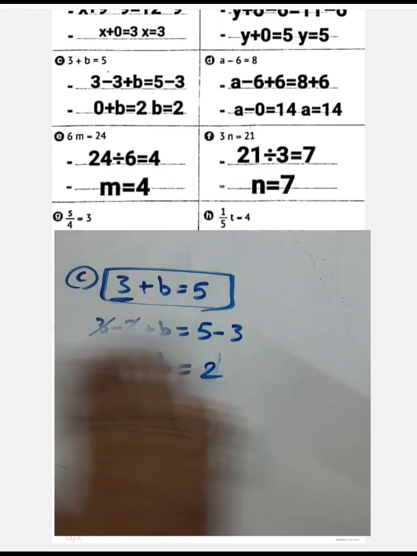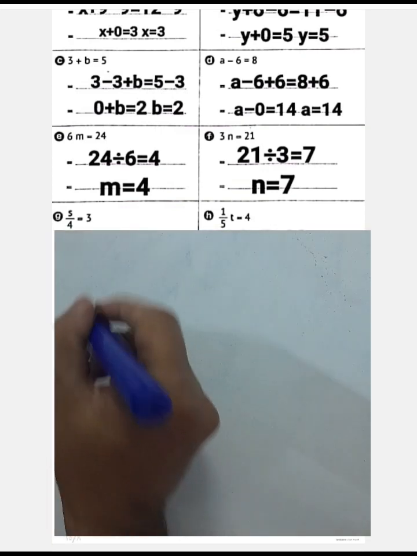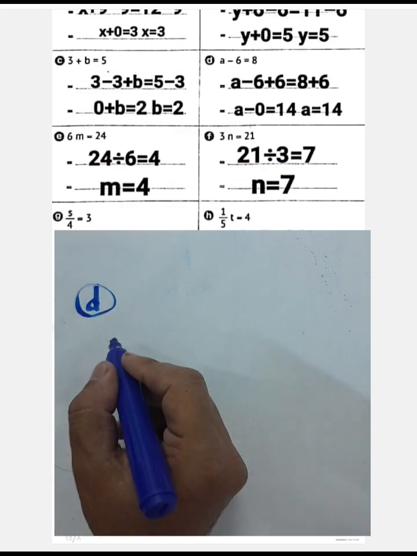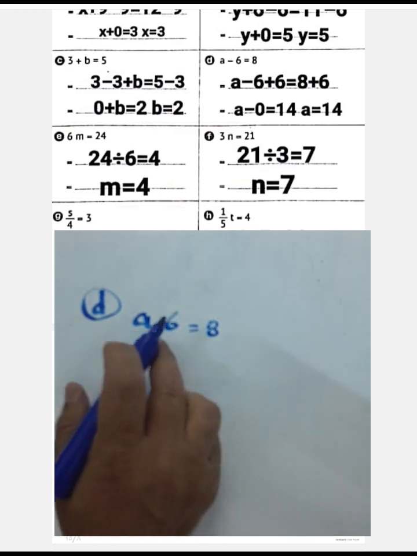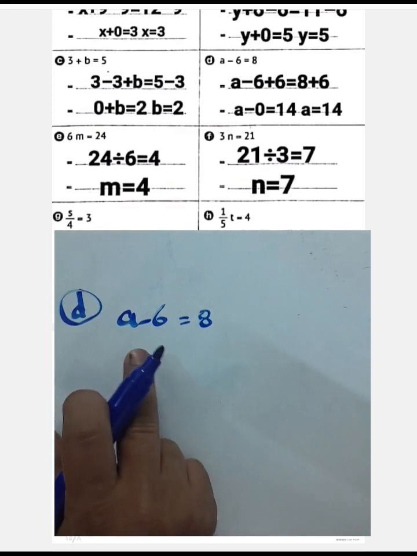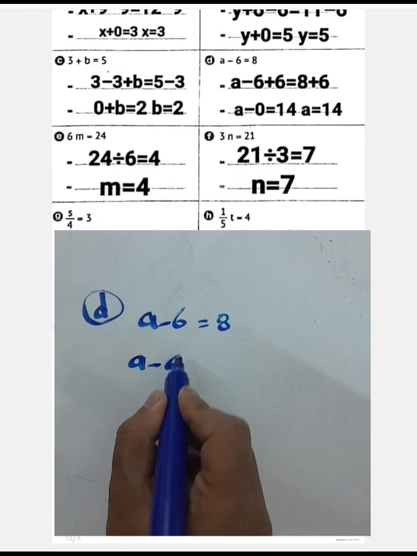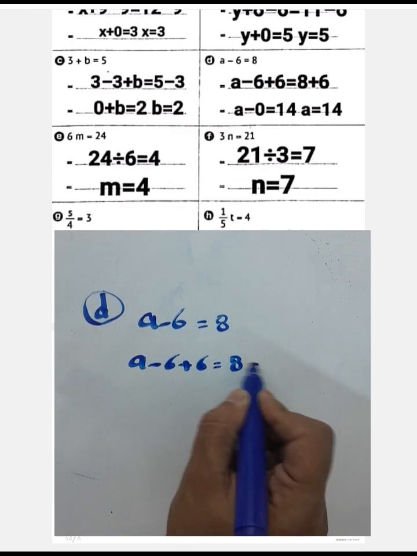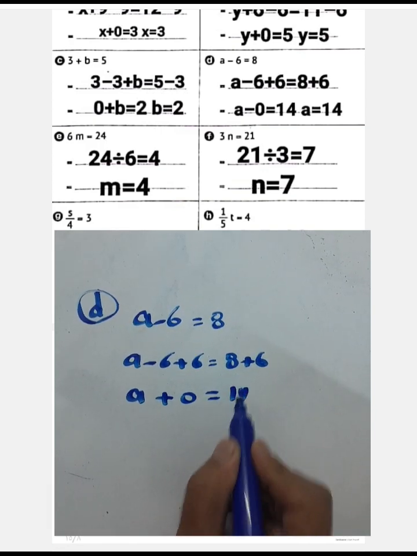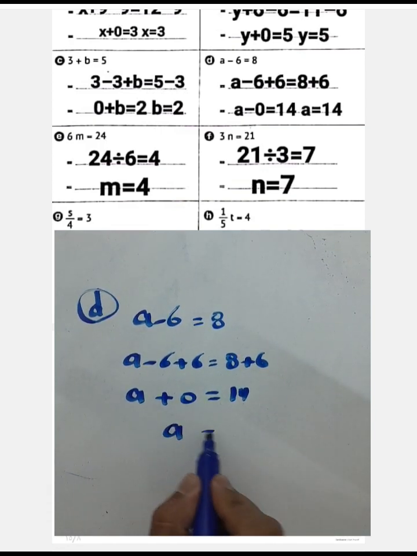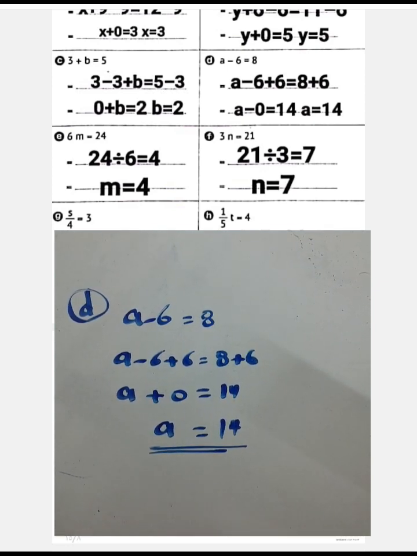Letter D. We have a subtract 6 equals 8. You must cancel negative 6 by adding its additive inverse, which is positive 6. a minus 6 plus 6 equals 8 plus 6. a plus 0 equals 8 plus 6 equals 14. Then a equals 14. The solution set is 14.